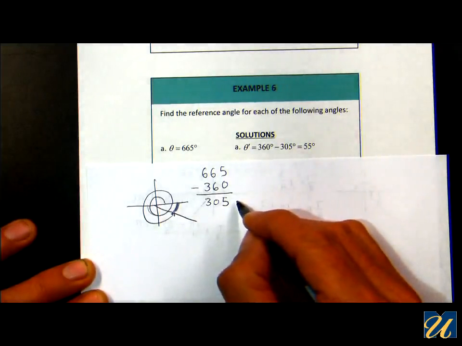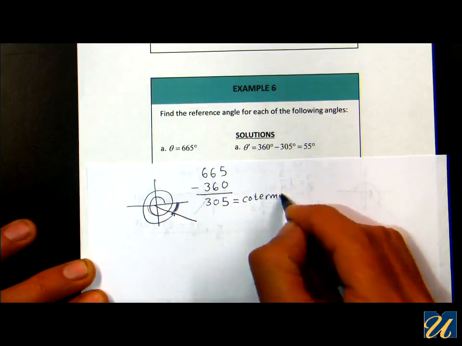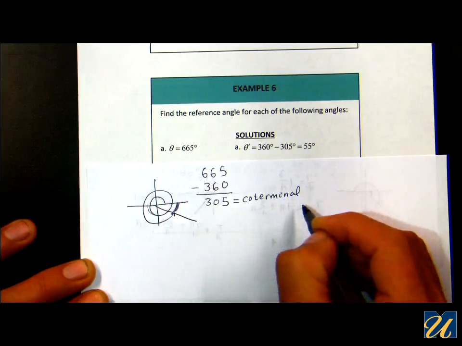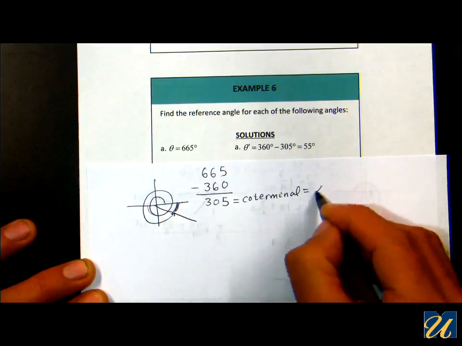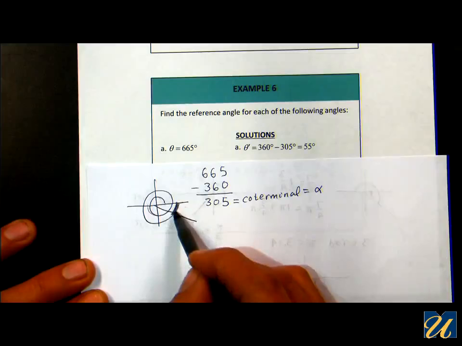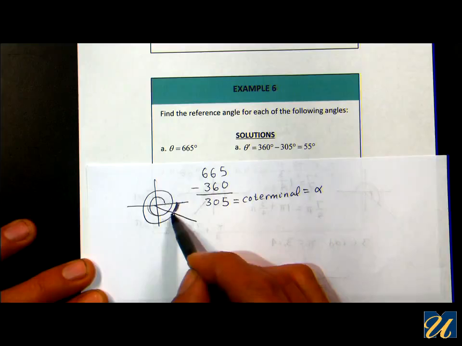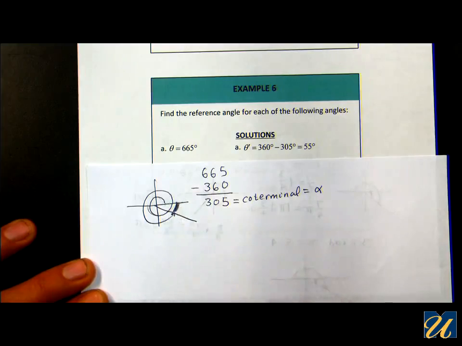So you can think of 305, this is your coterminal, which I believe they're calling alpha here in the PowerPoint slide. Then the reference angle is here. If you've gone 305, how much more do you need to rotate to complete the rotation? That's another way to look at the reference angle.